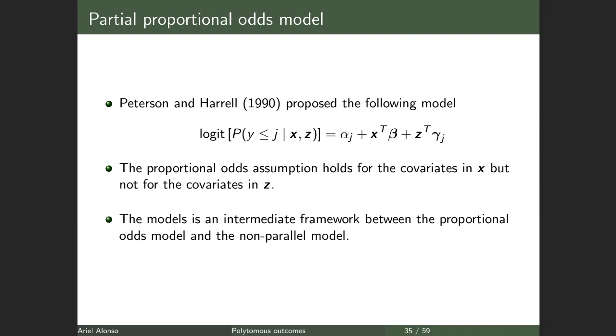It's an intermediate framework between the proportional odds model, which assumes that the betas are the same for all values of J, and the non-proportional odds model, which assumes that the betas depend on J. Here the proportionality assumption holds for some covariates, but not for others. This is what they call a partial proportional odds model.